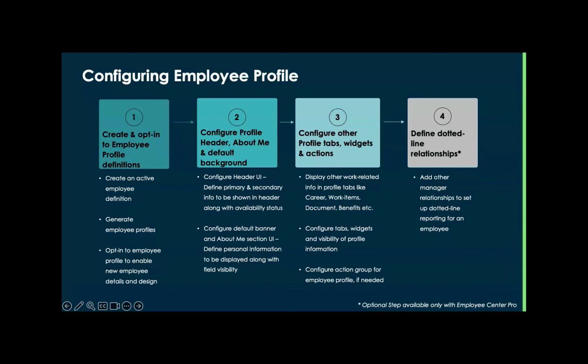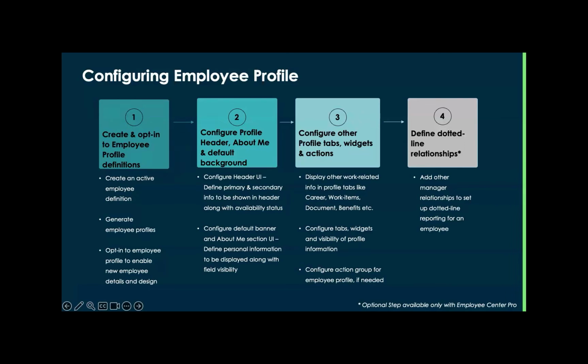So we have seen all the other profile tabs like career, work items, benefits, rewards, or my teams. As an admin, you could display what work-related information should be shown on all these profile tabs, and you could configure what widgets would be shown on all these different tabs.